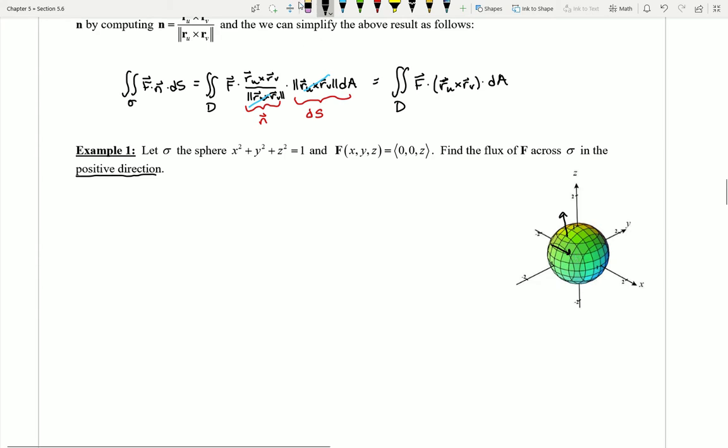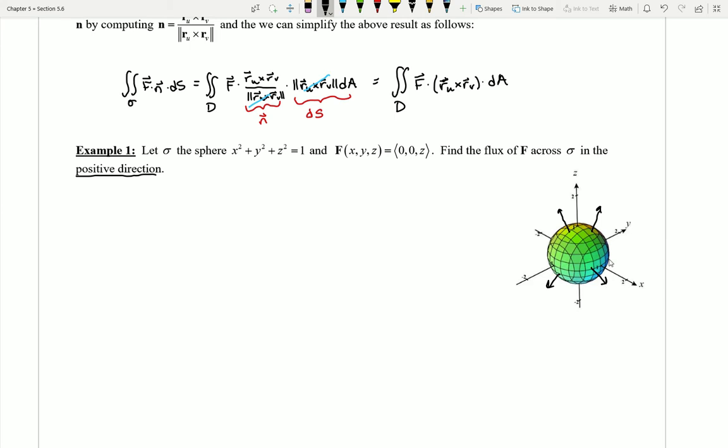Okay, so again, this idea of positive is helping us to understand that we need to orient. We need to think about which one of these directions we are going to consider as negative and which one we are going to consider positive. Now, since this is a closed surface that we talked about a couple videos back, we'll be able to say that the vectors that are normal to the surface and point outward are considered positive.